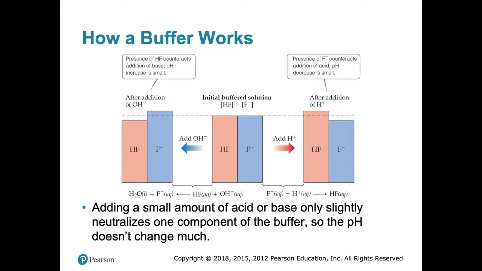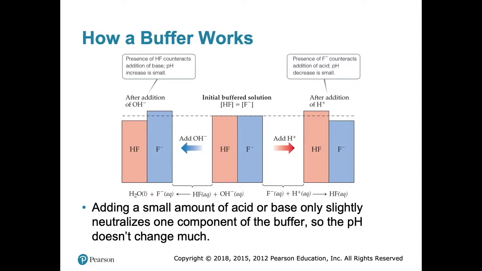It can accept that proton, and when the proton's being accepted by the carbonate ion, it doesn't float around free in your blood. It's when it's free floating around in your blood that your acidity goes up.